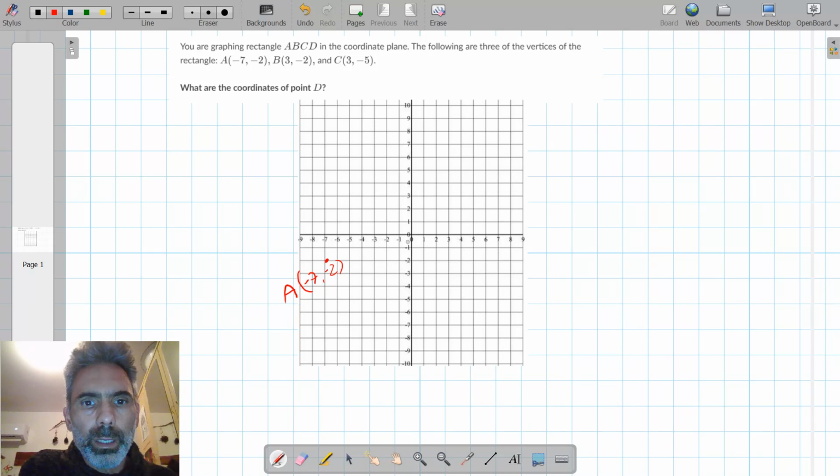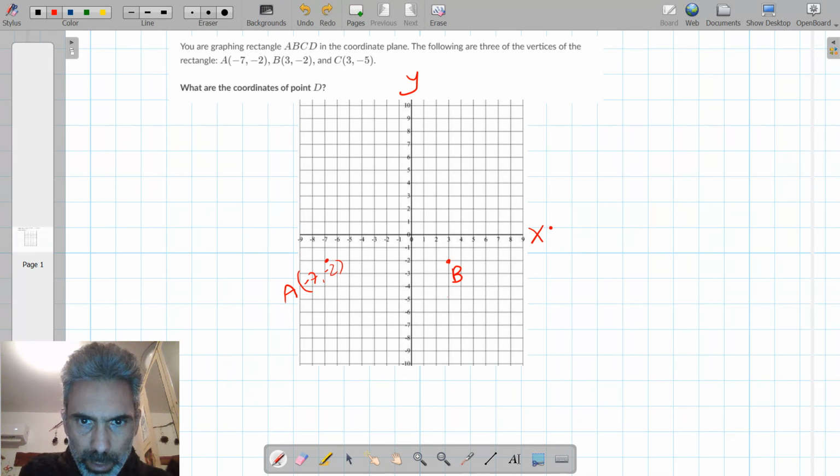Point B: the x coordinate of point B is 3 and the y coordinate is -2. So this is point B. It has the coordinates of 3 and -2. And C has the coordinates of 3 and -5.